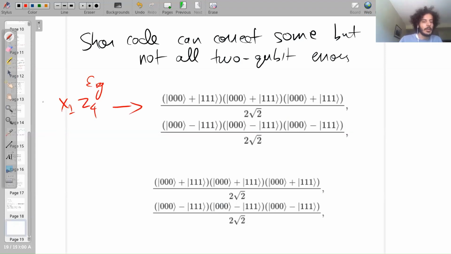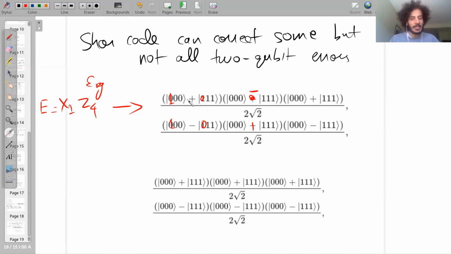So if my error is X1 Z4, then X1 will flip this qubit and Z4 will flip this sign. When Bob goes through the X correction process, he will just compare the values of the qubits here, and he will realize and correct this, right?